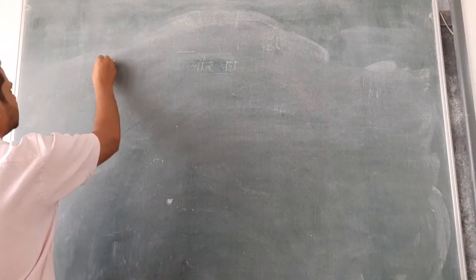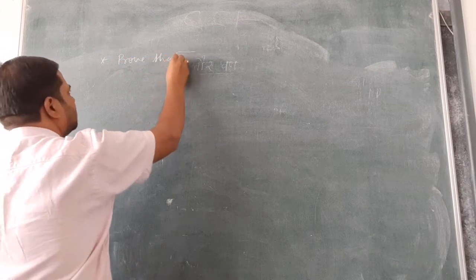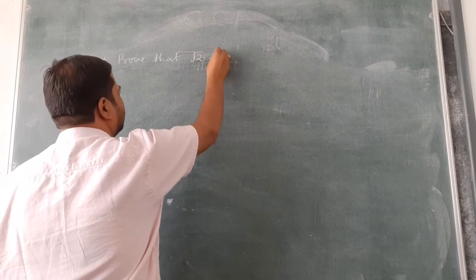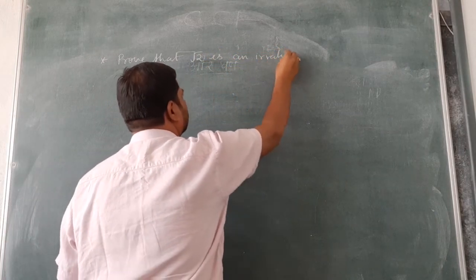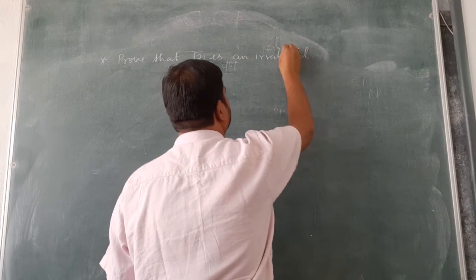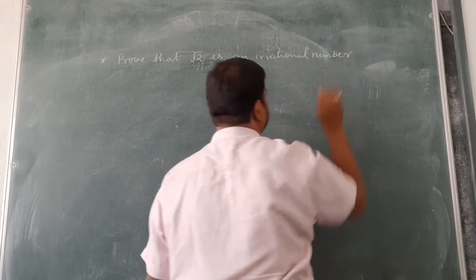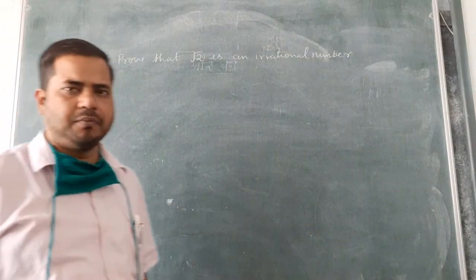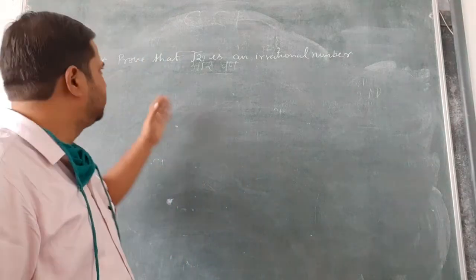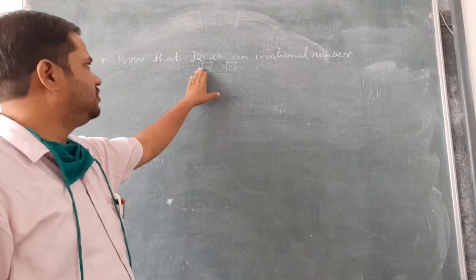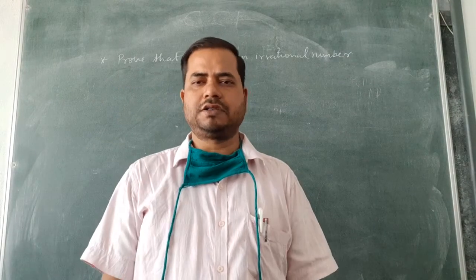First, prove that root 2 is an irrational number. For this particular question, we have to use the negation method, that is, the contradiction method.